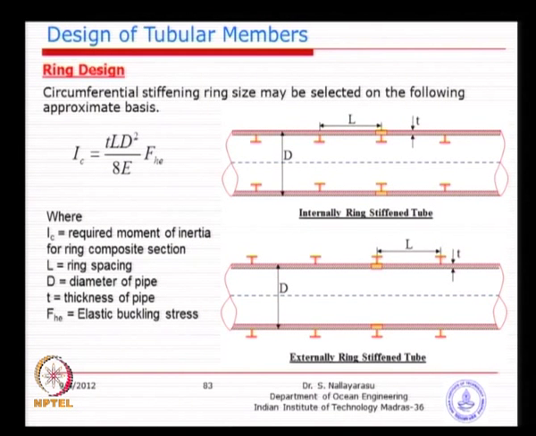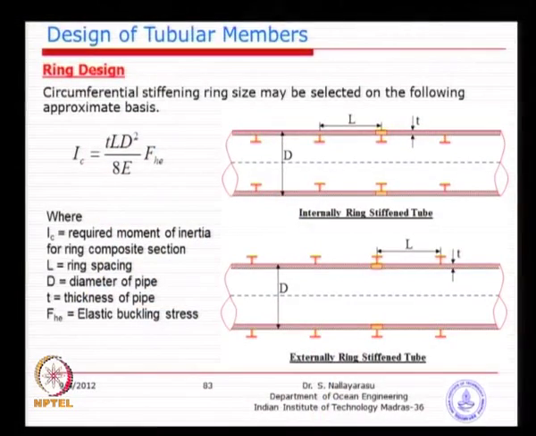Once you do one calculation for a particular problem, you will find increasing thickness is not an economical solution, because if you take the steel and spread it between the two spacings, you will find it is maybe smaller compared to increasing the steel by a few millimeters extra. So, API suggests you could provide this stiffening only for the hydrostatic pressure effect.